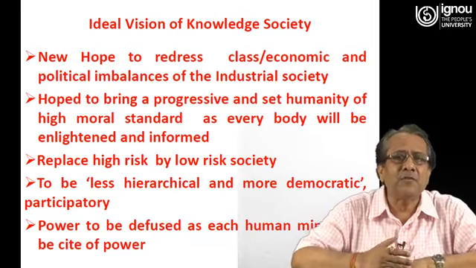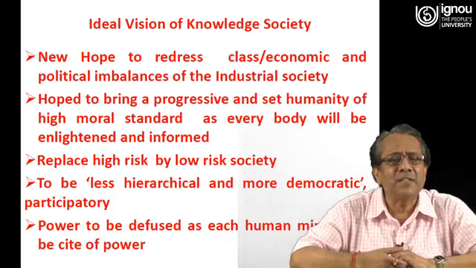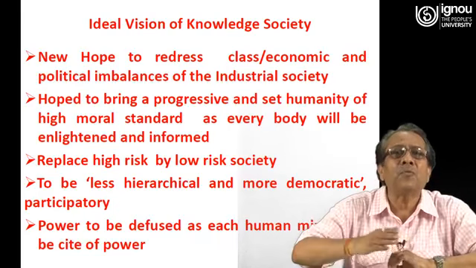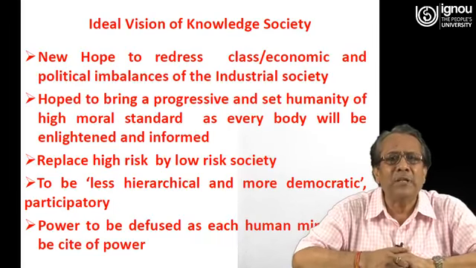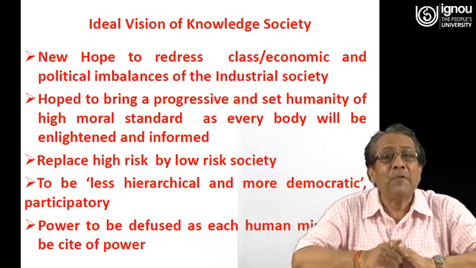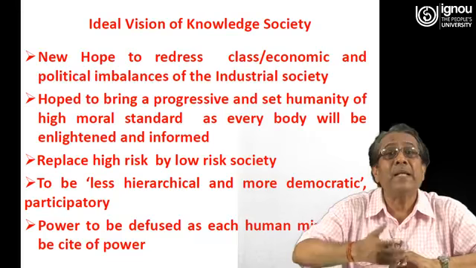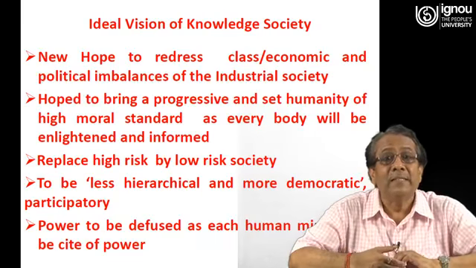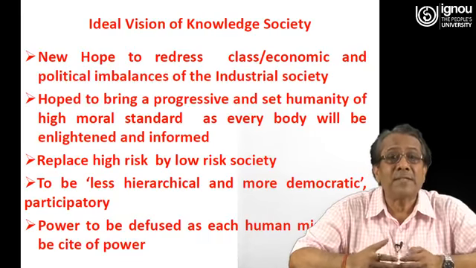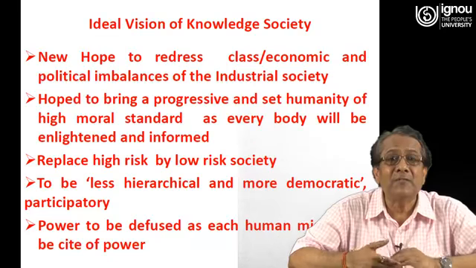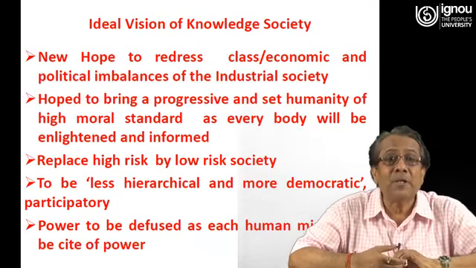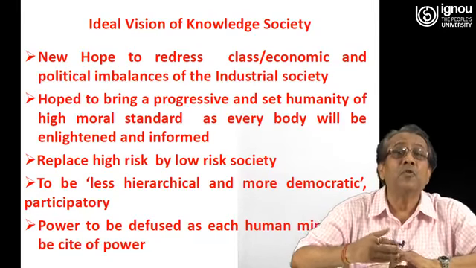The industrial society, with its vast industrial production, created a lot of social inequality, a lot of pollution, a lot of crimes, a lot of social imbalances. People thought that when the knowledge society was standing on the horizon, it was bringing a new kind of hope to the society. That hope was that it would be a classless, egalitarian society, and whatever social and political imbalances were there would be reduced.